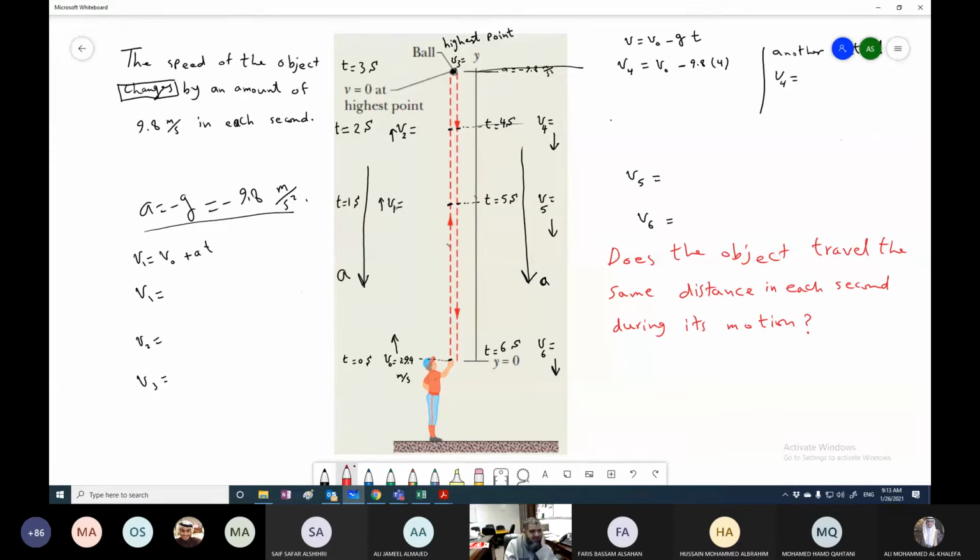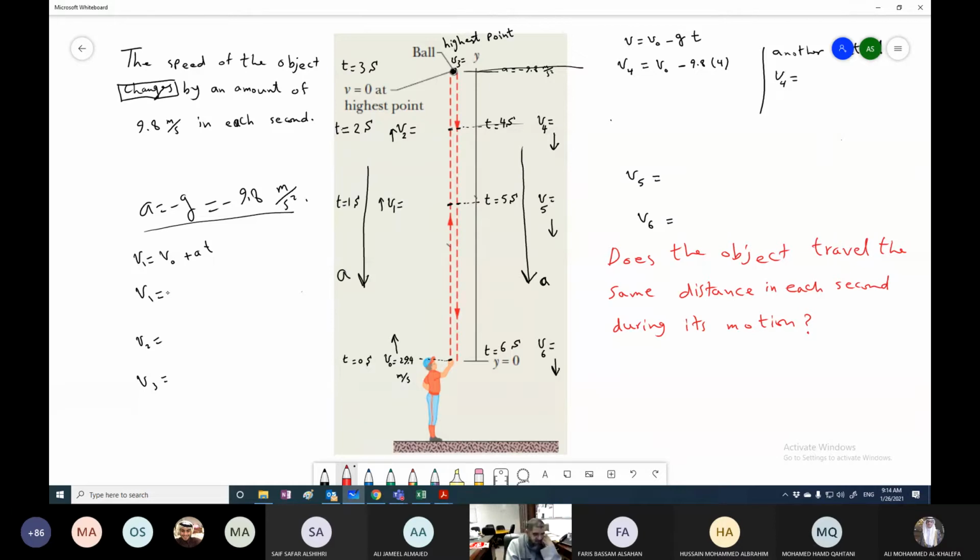After 1 second, what will be the velocity? We can use the first equation of motion, V equals V0 plus at, but I will replace a with minus g, which is minus 9.8.